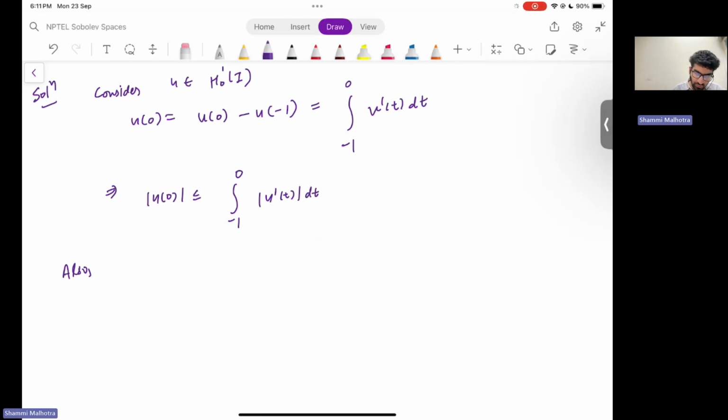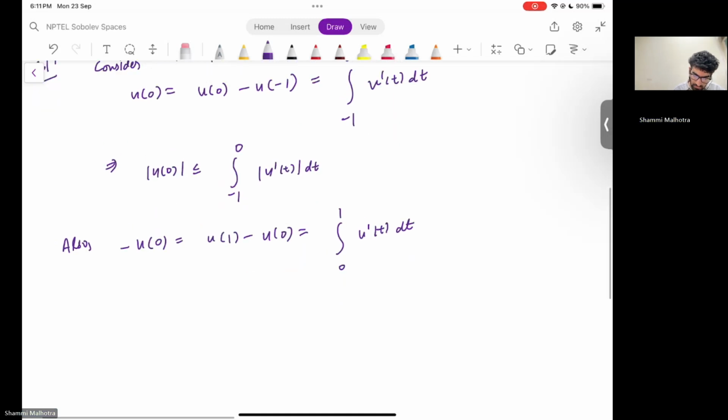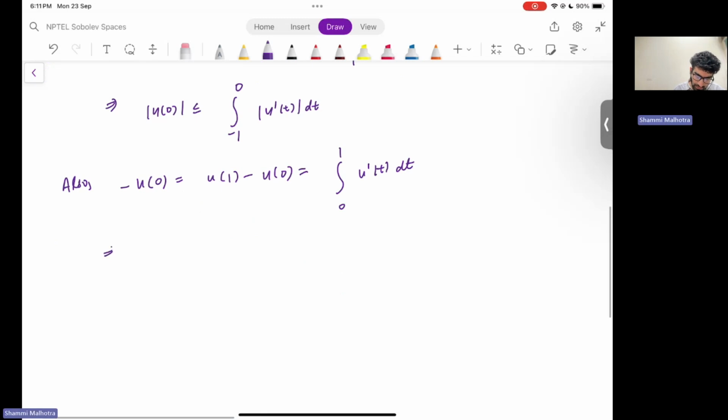I can again write u(0) as u(1) minus u(0), the integration from 0 to 1 of u'(t) dt. And this implies the mod of u(0) is less than or equal to the integration from 0 to 1 of |u'(t)| dt.